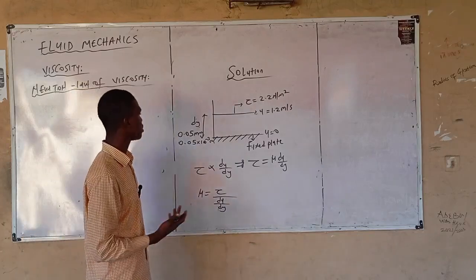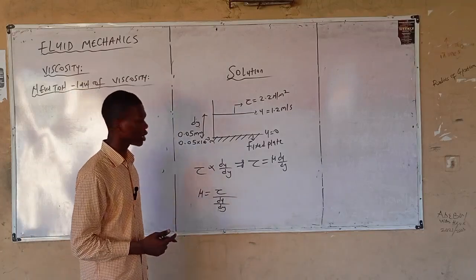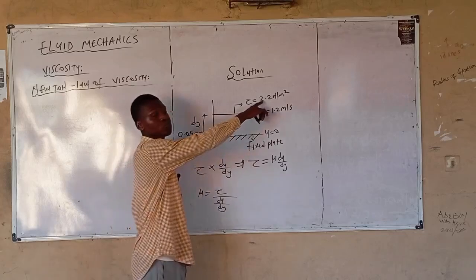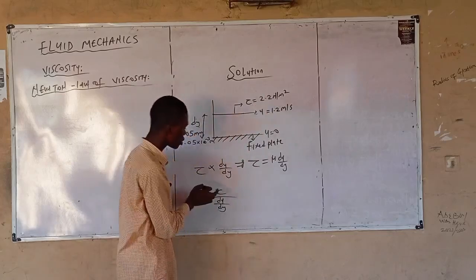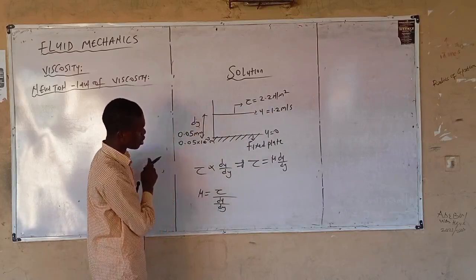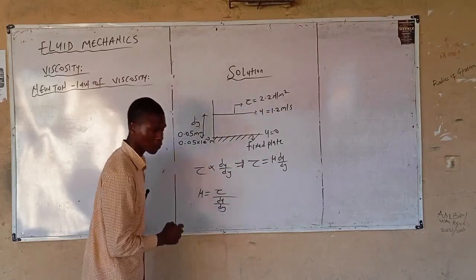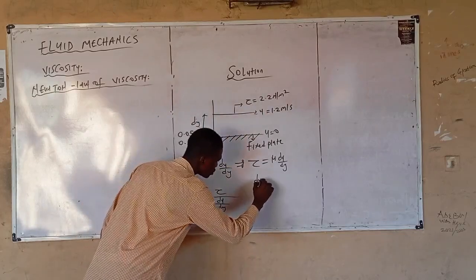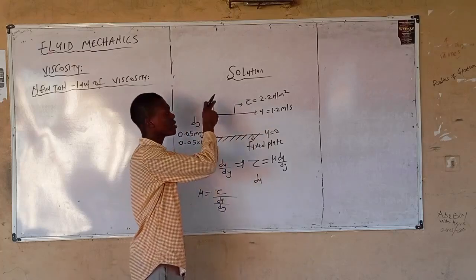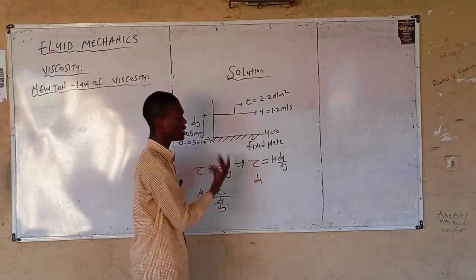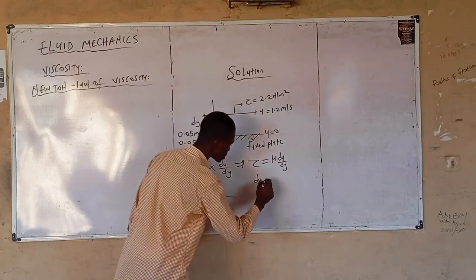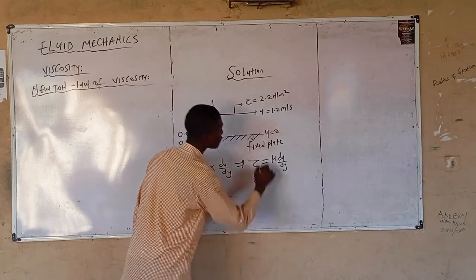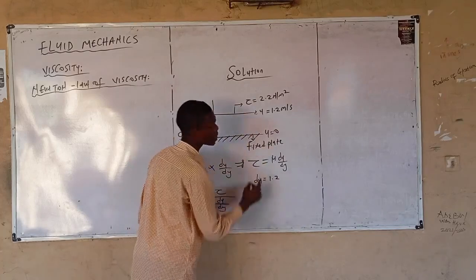Now, from here, what's your shear stress? What's your du over dy? Your shear stress is given to be 2.2 Newton per meter square. Your du, let's solve for du. Du simply means the final velocity minus the initial velocity. The final velocity is 1.2 meter per second.